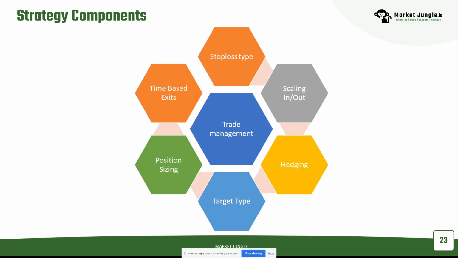I use a modified version of it, but the intention is, if I knew from all of my testing that I had statistical significance of my system, if I knew from my testing what my win rate was, and I had confidence that that win rate was going to move forward into the future, at least some form of it, this type of hedging would allow you to have a series of trades where, if I had a 60% win rate or 70% win rate, I know I'm going to get a winner at some point, right?